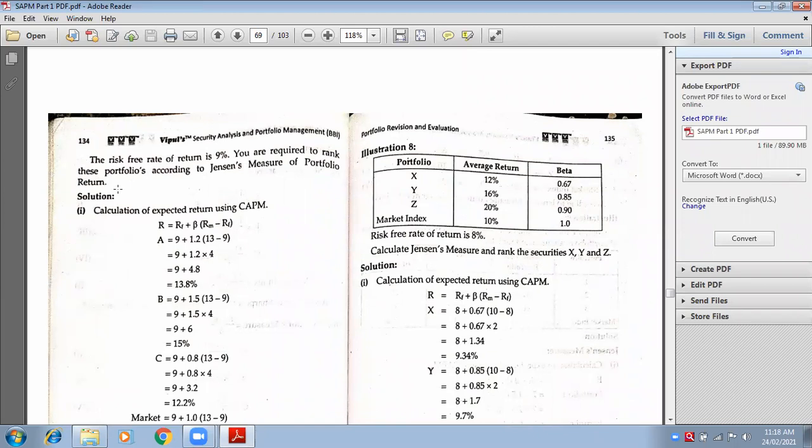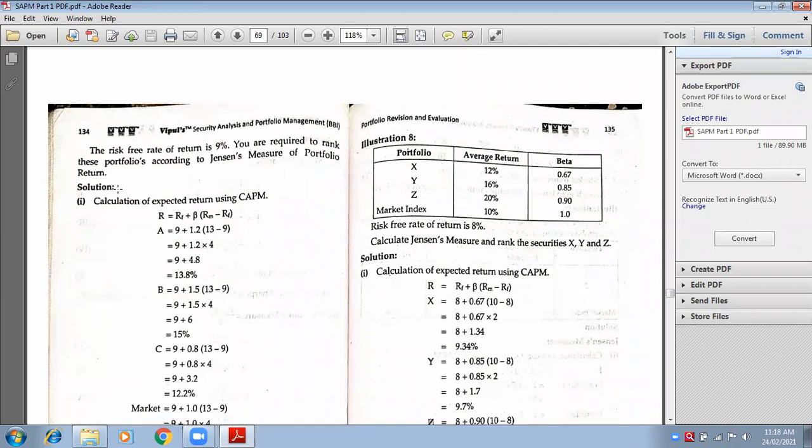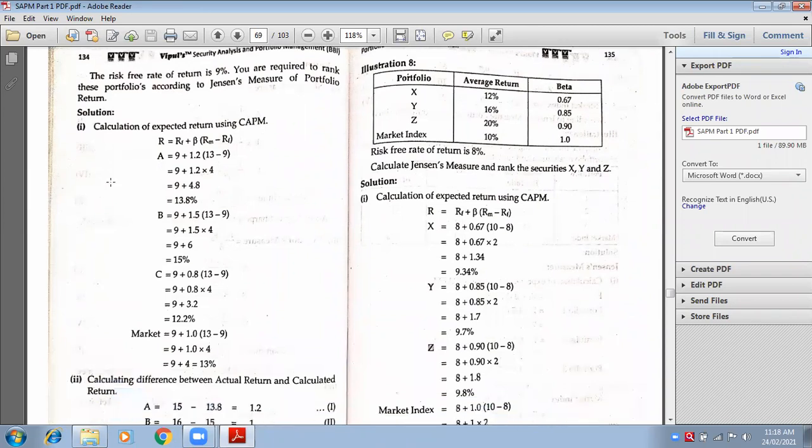First of all, we need to apply the formula of the Jensen measure. Always remember the formula of the Jensen measure is according to the CAPM method. What is CAPM? Capital Asset Pricing Model. It means that according to the risk attached to a particular security in the market, we need to identify the returns.